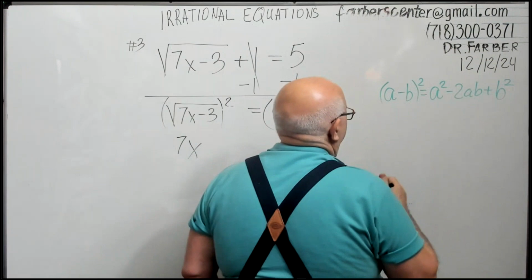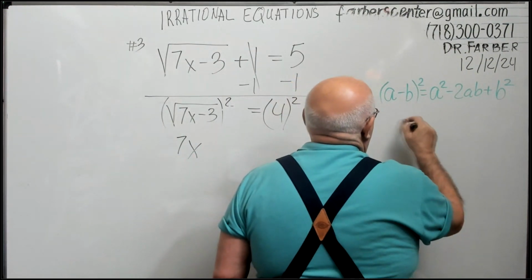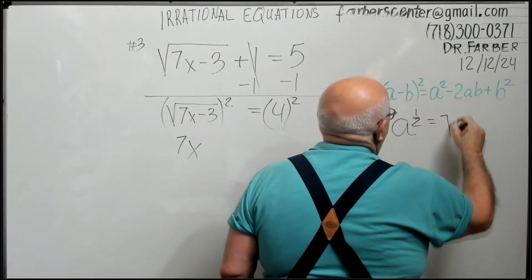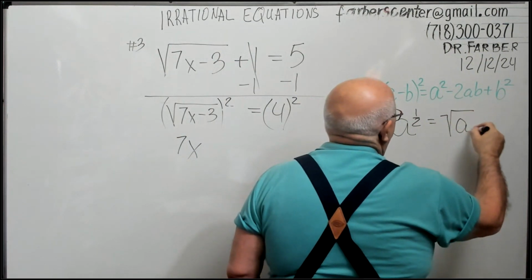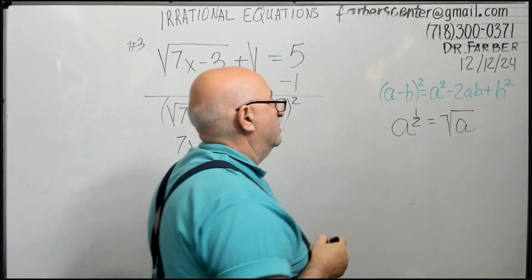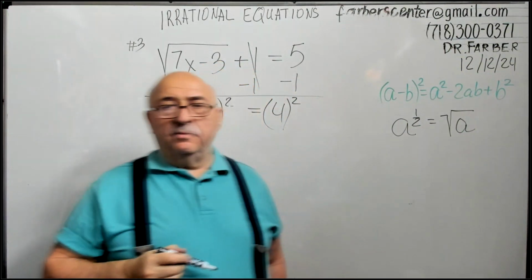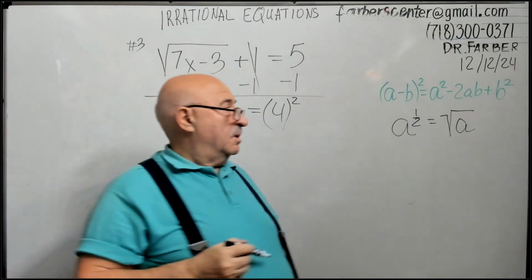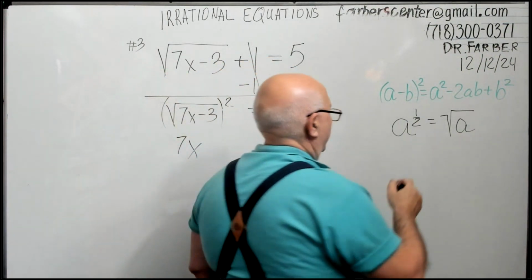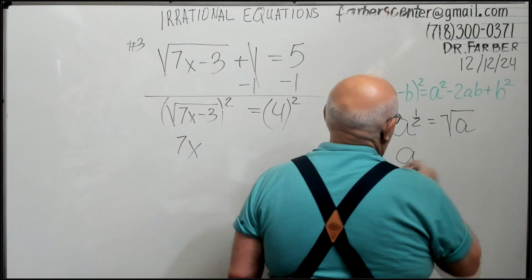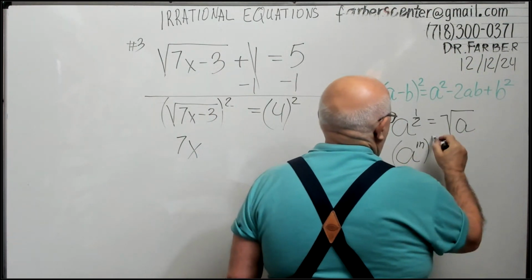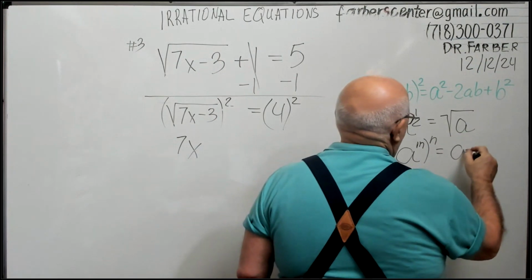We have a formula. A to power 1 over 2 is the same as square root of a. This formula we did with you, right? And we know another formula, a to power m to power n equals a to power mn.